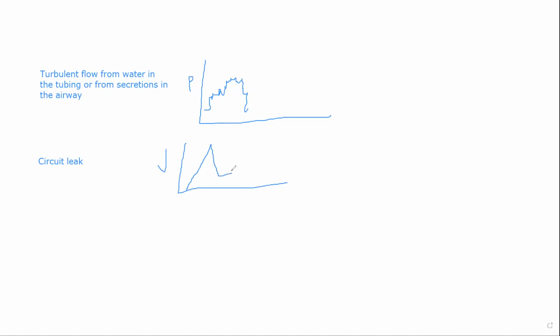And then it just goes like this until it's time for the next breath. The ventilator will reset the graphic and then deliver the next breath. So you look on your volume time graphic, and if the volume doesn't come down to baseline, there's missing volume.